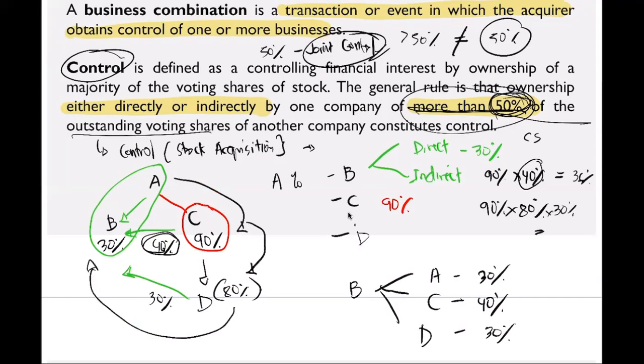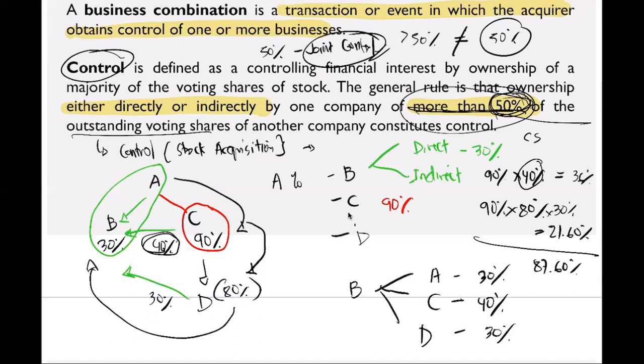So what is the ultimate ownership of B? 0.9 times 0.8 times 0.3, the ultimate ownership of A to B is 21.6%. So how much is the total direct and indirect ownership? 30 plus 36 plus 21.6, we have 87.6%.